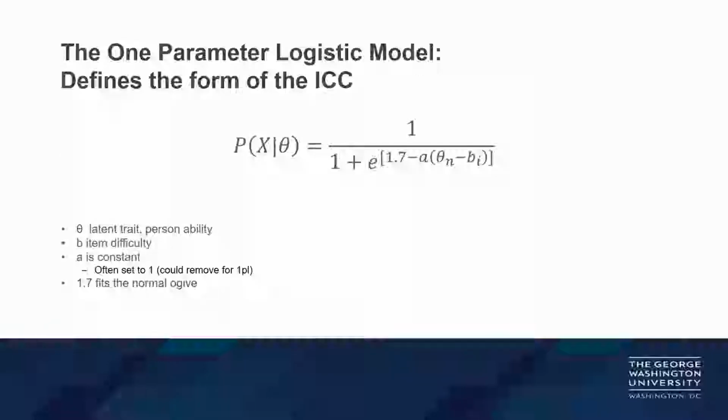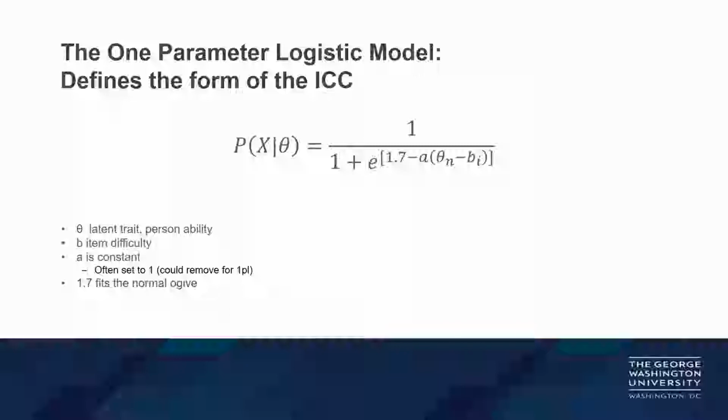Here the mathematics of the one parameter logistic model has been altered a little bit so that the parameters are seen one time, in the denominator. We have theta again in our model, that's the person ability. We have B, which is an item difficulty. A is a constant in this model, so we could think about setting it to 1. A, we'll see later on, is a discrimination parameter, but in both the Rasch and the one parameter model, we want a single parameter for that slope, for that discrimination, across all items.